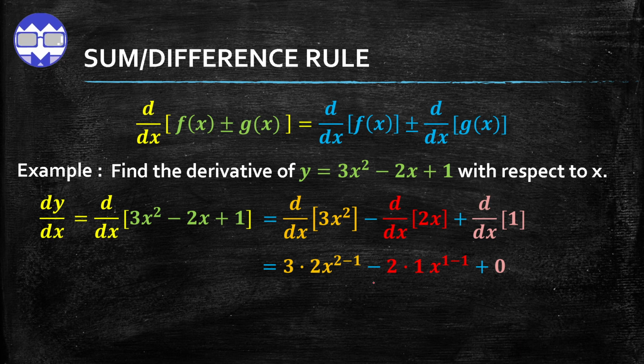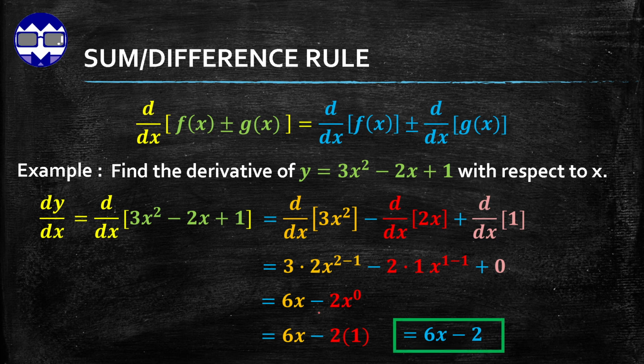The signs, by the way, are just carried over to the next step. So we have 2 times 1, x to the power of 1 minus 1. And of course, derivative of a constant is 0. So that's why we have here plus 0. If we simplify, this will give us 0. And then x to the power of 0, 2 times 1 is just 2. x to the power of 0 is 1, so we have 6x minus 2. That's the answer for this one.